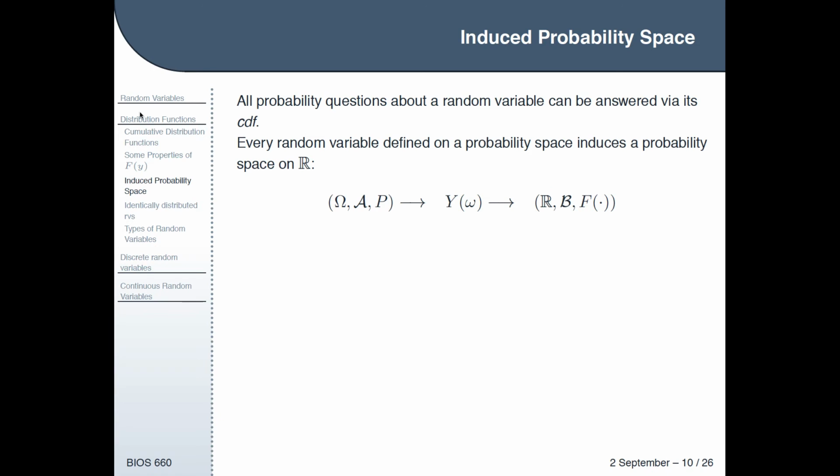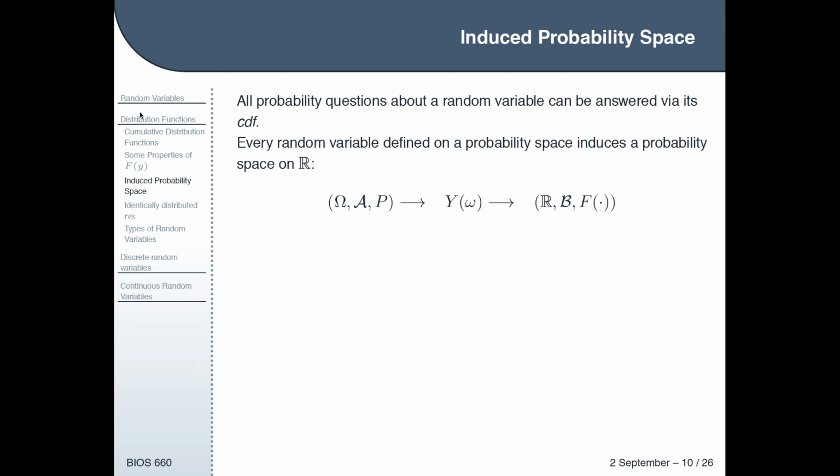So, the reason random variables are nice is because all probability questions about a random variable can be answered via its cumulative distribution function.